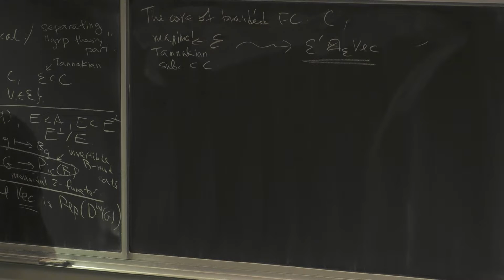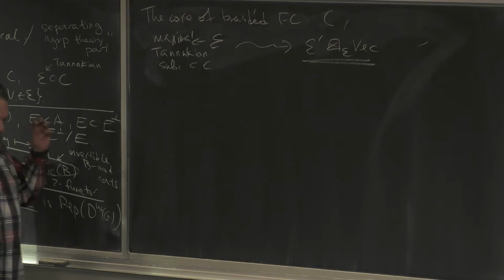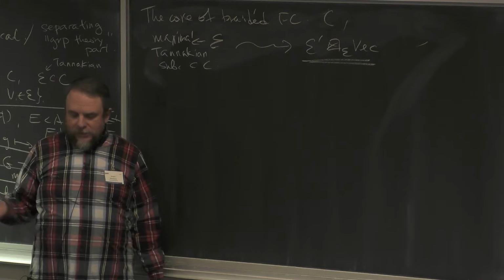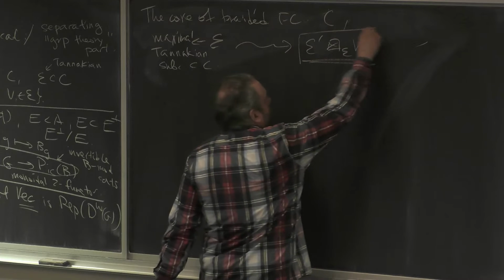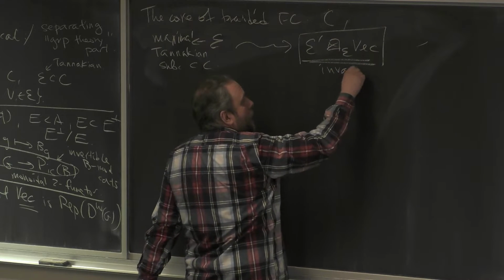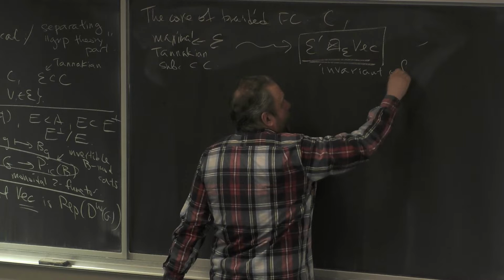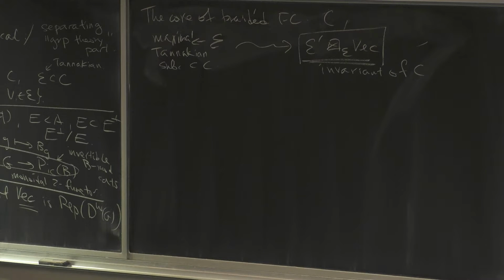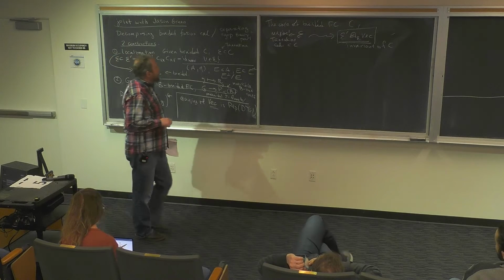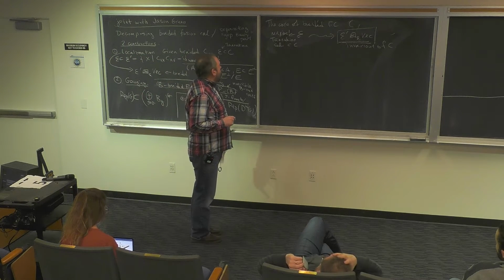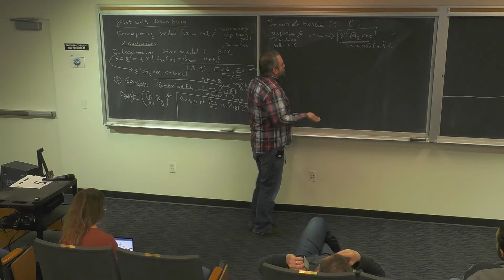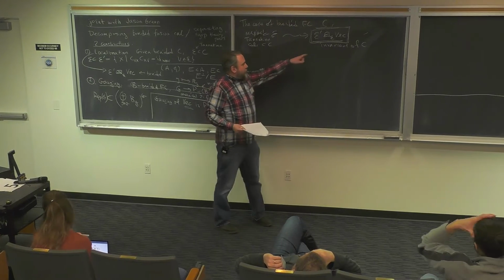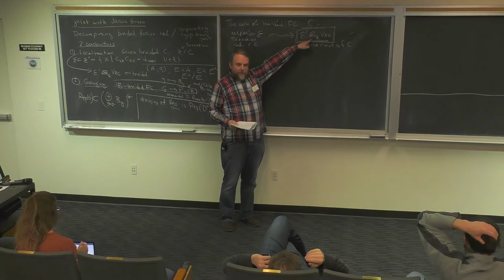The thing is this, a given braided fusion category can have many different Tannakian subcategories inside, right? And it doesn't matter which one you take, the result is the same. So this is an invariant of C. And it's quite a useful invariant, but there are limitations, because this whole thing does not depend on the choice of E, but there can be non-equivalent maximal Tannakian subcategories.